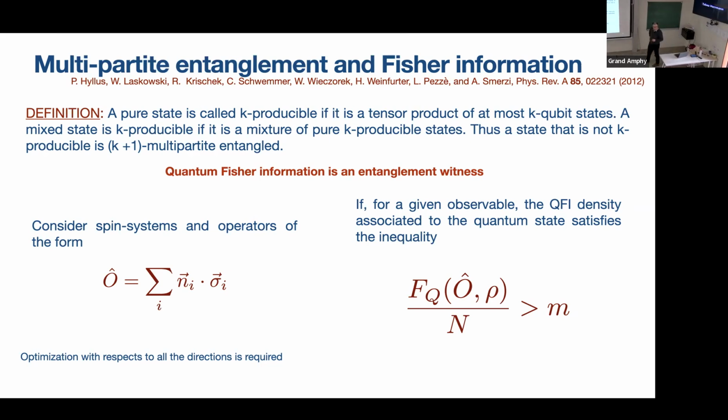For instance, if the state is separable, m is 1. If this coefficient is larger than 1, then there is an amount of m-partite entanglement.